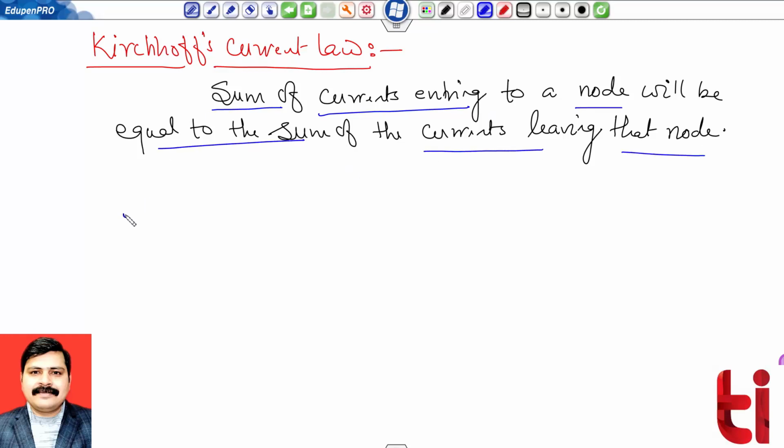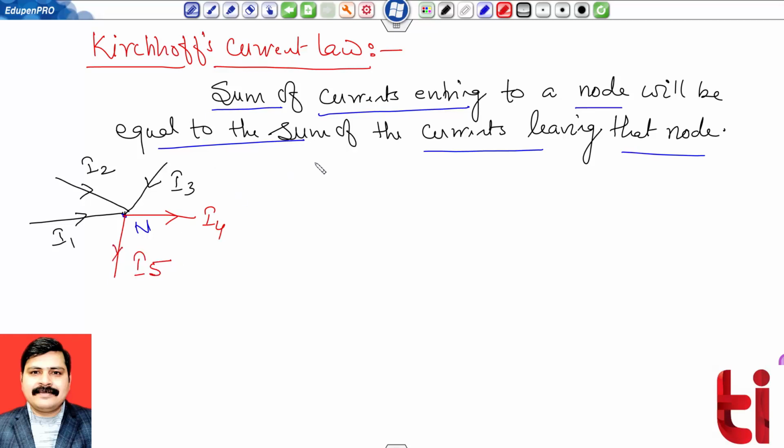So I'm considering a node n, and suppose the currents entering this node are I1, I2 and I3. At the same time, these two currents are leaving the node, current I4 and current I5.